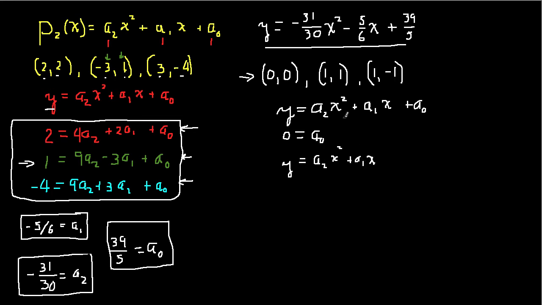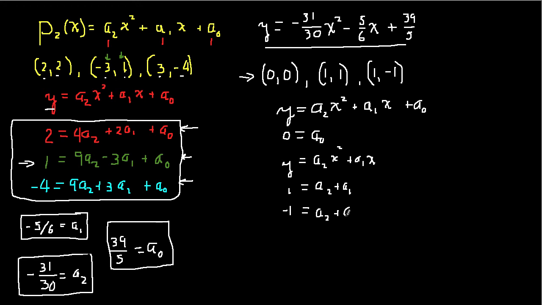Let's look at the point 1, 1. Y is equal to 1. X is equal to 1, so A2 times 1 squared is A2. And A1 times 1 is A1, so I have 1 is equal to A1 plus A2. And then I look at the point x equal 1 and y equal negative 1, so that gives me negative 1 is equal to A2 times 1 squared, so that's A2, and A1 times 1, remember x is equal to 1.